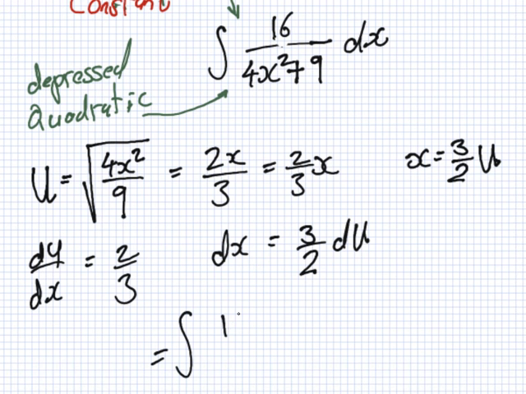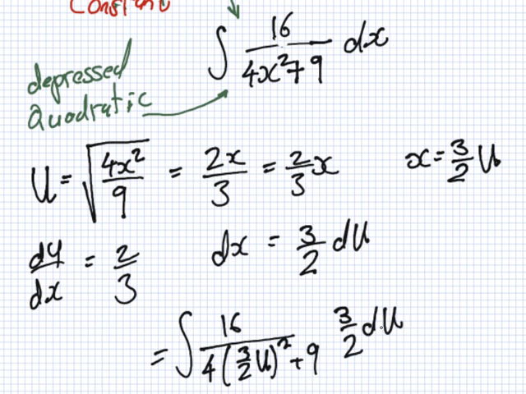Integrate 16. Now, this is not u, is it? Because u is 2 over 3 x. So I'll just have to replace the x now for 3 over 2 u squared plus 9, and then dx is 3 over 2 du.